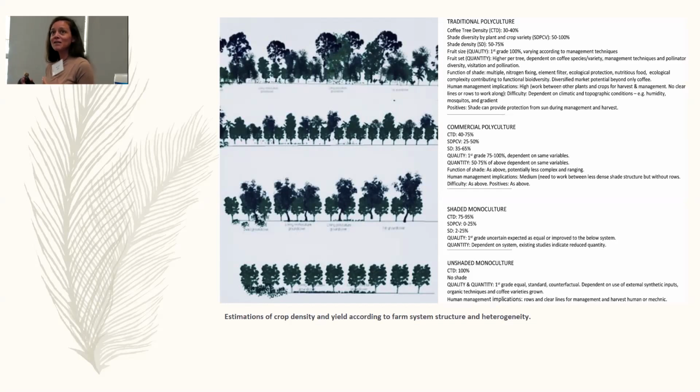Actually, there are several studies that prove that biodiversity on a farm can improve fruit size and fruit set, mainly through the pollination service or function of biodiversity. That's commonly misunderstood by conventional coffee farmers and needs to be better understood, so there's less resistance to increasing biodiversity on coffee farms.